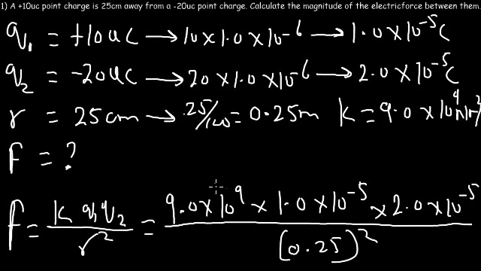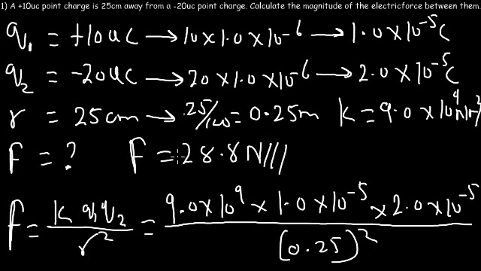I'm going to put everything into my calculator and get the final value of F. If you type everything properly, you should get 28.8 newtons as the value of the force. And that is the solution to the first problem.